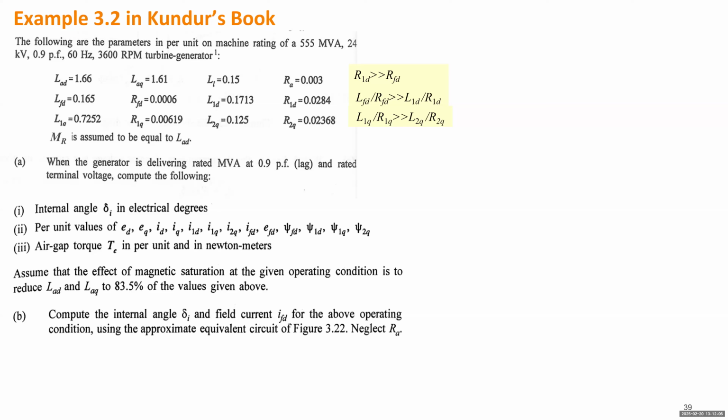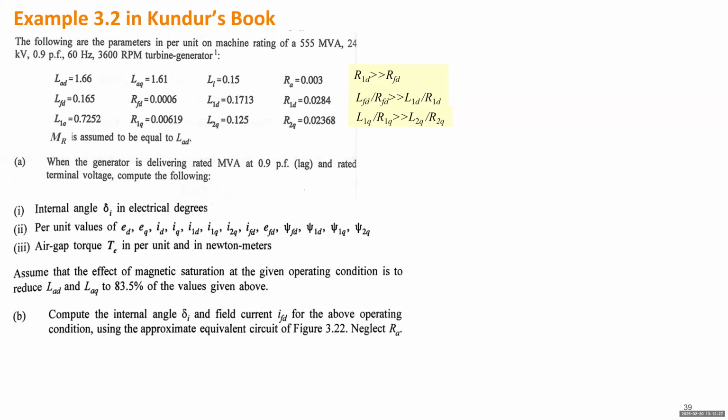That's very true. Second, I want you to compare two ratios. The first one is the L to R in the field winding circuit, and the second is L to R for the first damper winding circuit. Both values came from the DSs. So LFD divided by RFD, what was the value?